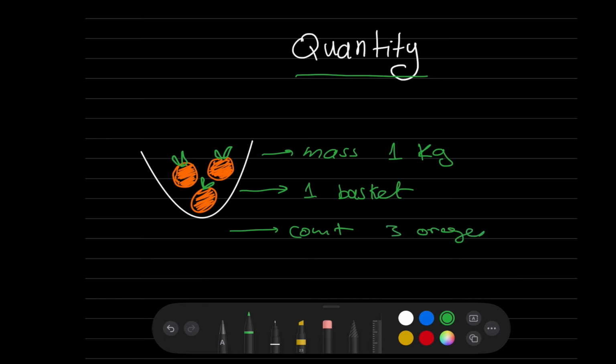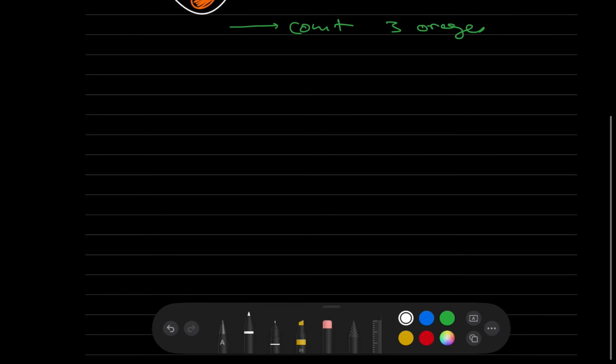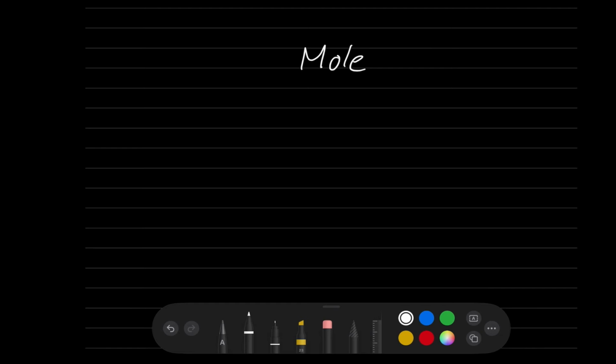So we can do the same thing in chemistry. We're going to introduce you to a new concept, which is called mole, M-O-L-E. In chemistry, we have atoms, and we could have molecules or ions.